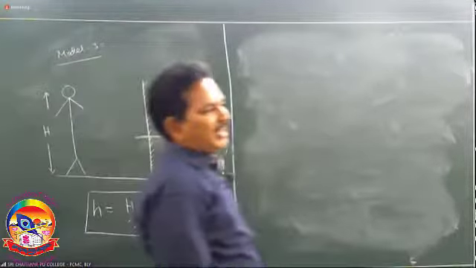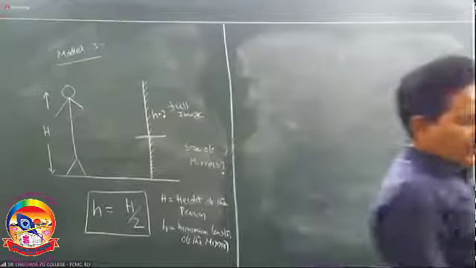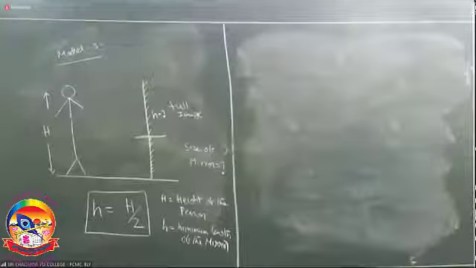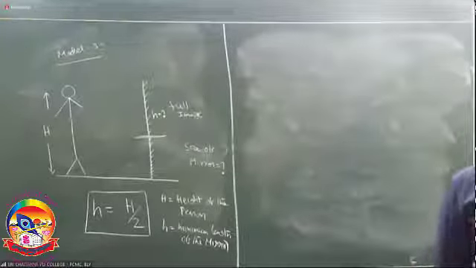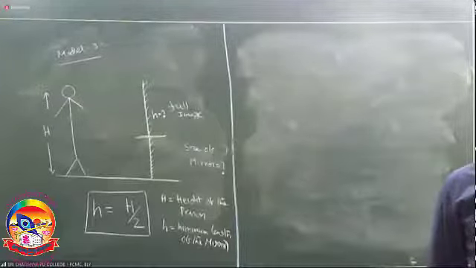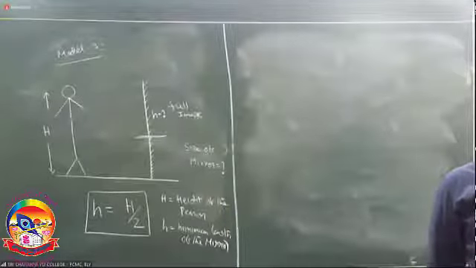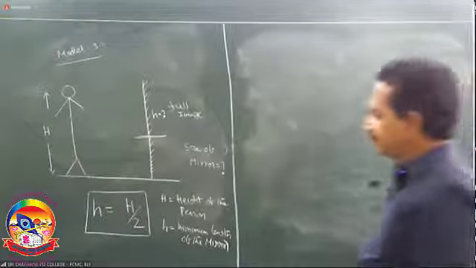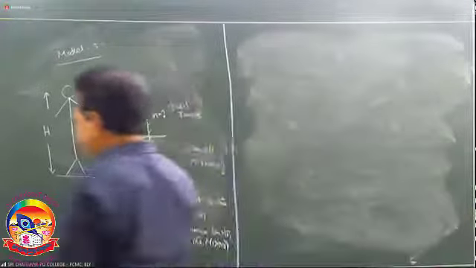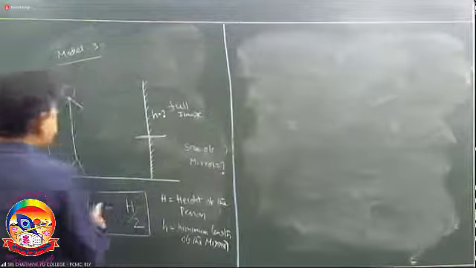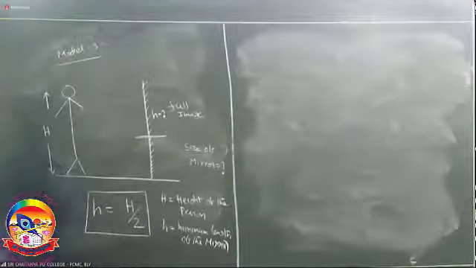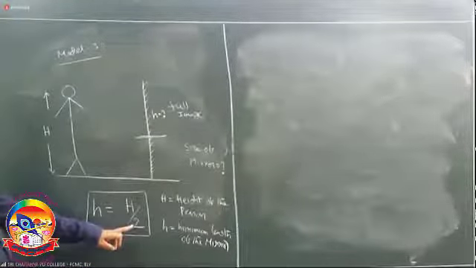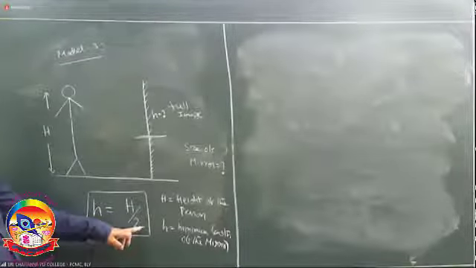Next, the similar triangles concept. If the triangles are similar, then opposite side by adjacent side is equal to opposite side by adjacent side, that is, tan theta is equal to tan theta. Using these points, we can show that the minimum length of the mirror is half of the height of the person to see the full image.